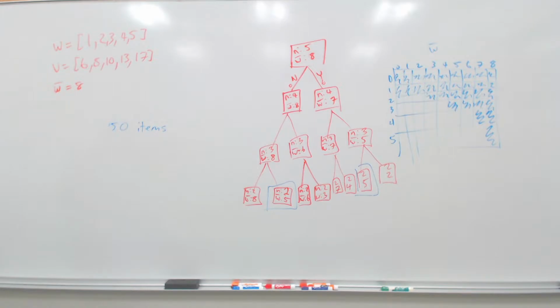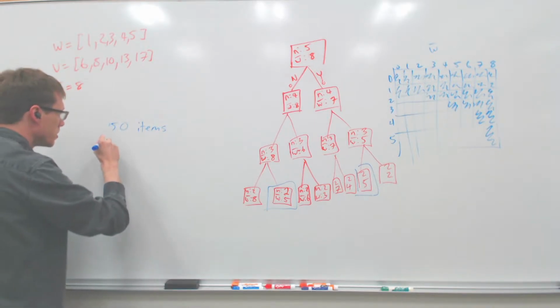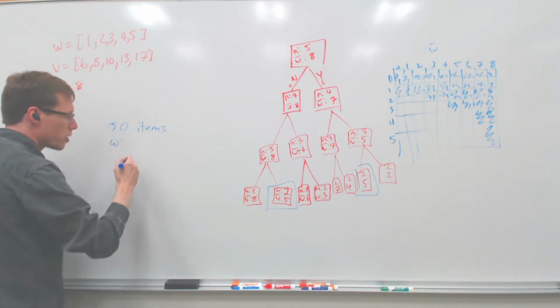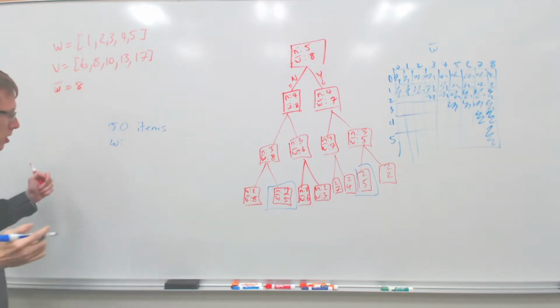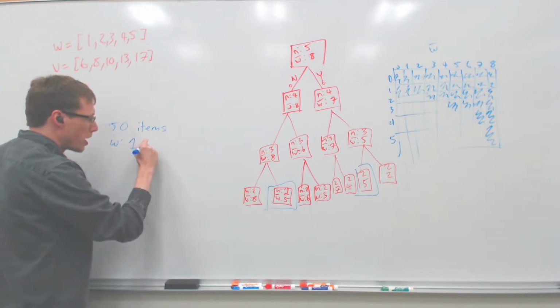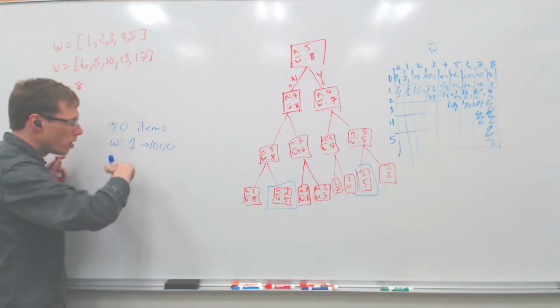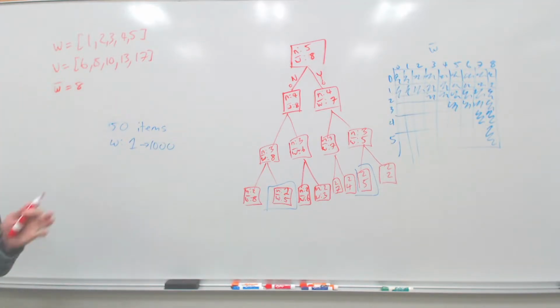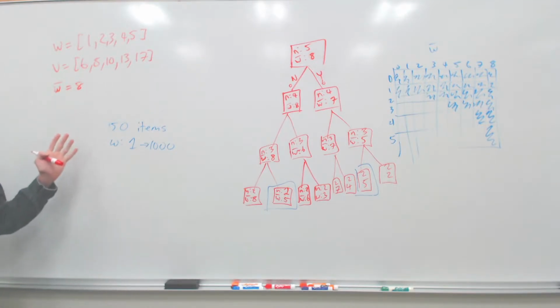And let's say that their weights can be anywhere from, let's make it a big number here, anywhere from 1 to 1,000. They all vary. Some of them weigh 80, some of them weigh 980. So first of all, what is the maximum weight that all the items could sum up to?